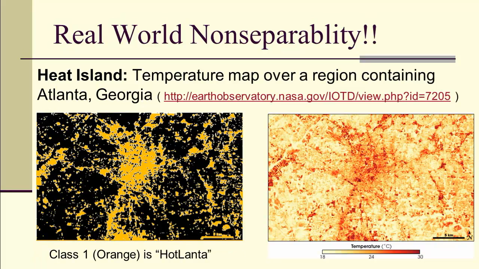We can have class 1, which is orange, which I'm calling hot Atlanta, and class 0 is in black, and that's where you have normal temperatures for the landscape in the region. So if you wanted to predict where in Atlanta you get abnormal temperature, class 1, hot Atlanta, you can see this is a problem that has very many levels of scale, a huge amount of detail involved.